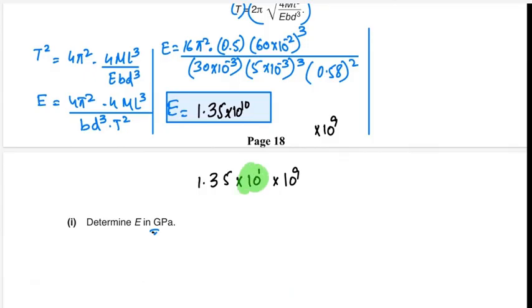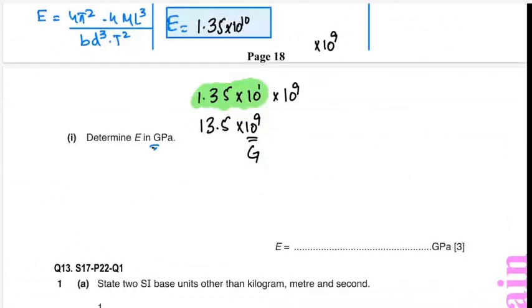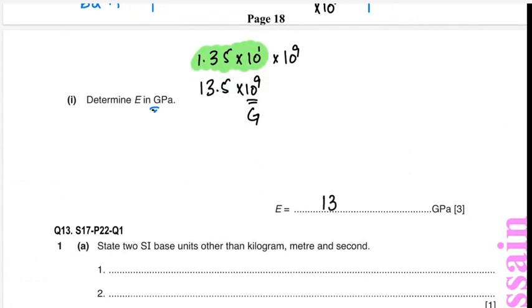So we'll simply multiply 10 power 1 with 1.35. It will become 13.5 exponent 9. And this is giga. So our final answer would be 13.5 gigapascals. Or you can round it off to 2 significant figures, making it 14 gigapascals. Right?